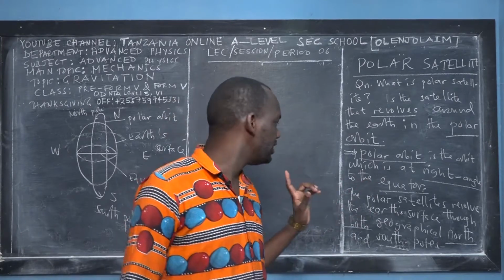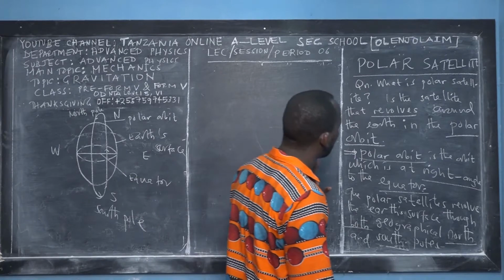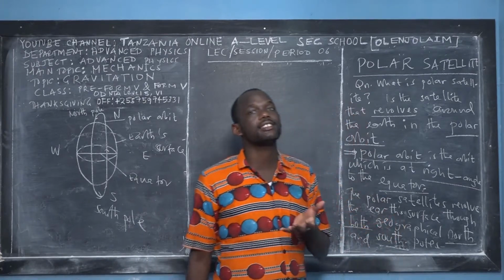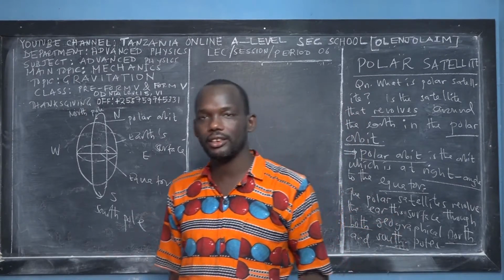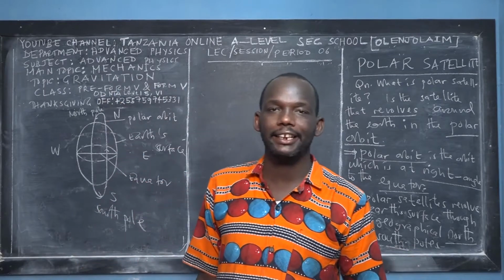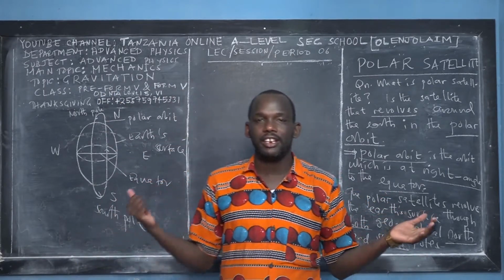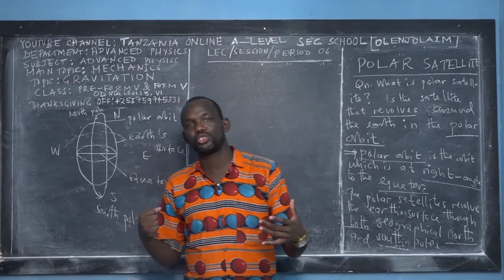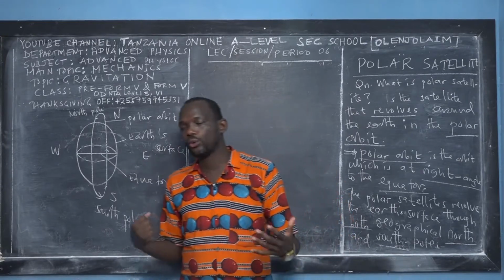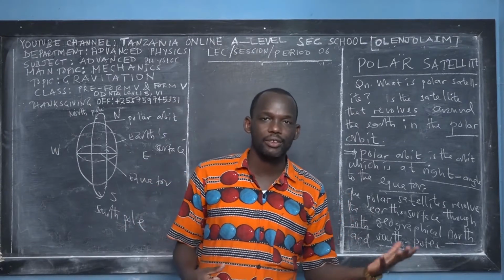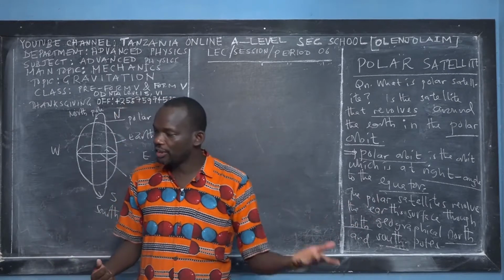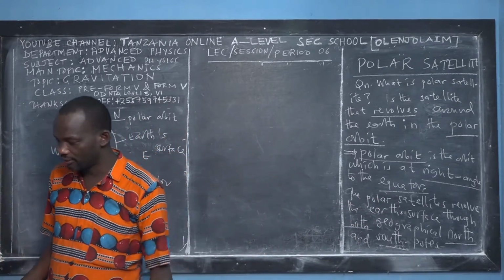Before I end this session, I would like to tell you the basic applications of this satellite. Why does the Earth need polar satellites? Where do we apply them? Why was the Earth not satisfied with geostationary satellites? I would like to answer that question quickly, then leave the homework for you, and meet you in session 7.